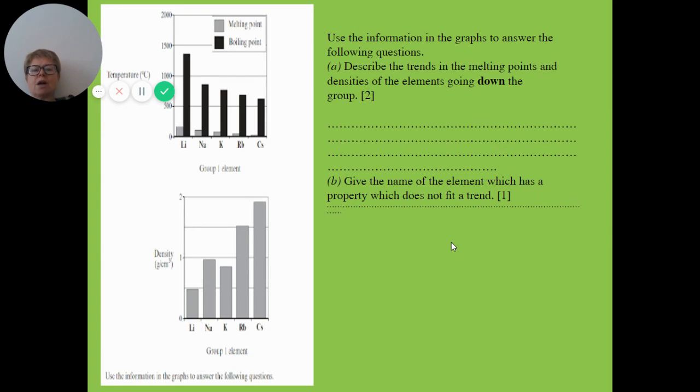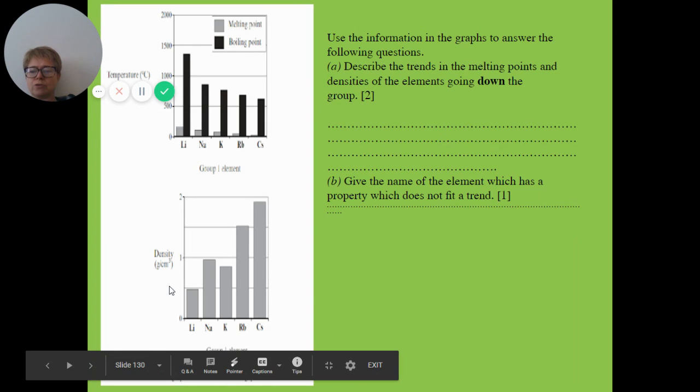Okay, so the trends, you should have said that melting point, which is these grey blocks here, decreases as we go down the periodic table. Boiling point decreases as we go down the periodic table. You may have said that it decreases very quickly at the top and then slows down.